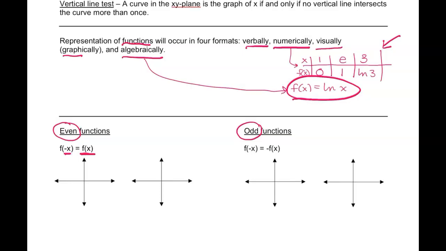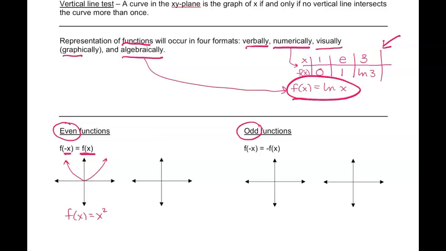Now this takes on a certain feature when you look at the graph. x squared is one of those even functions. So here is a quick sketch of x squared. x squared is an even function, and you can tell that also graphically because there's symmetry with the y-axis.